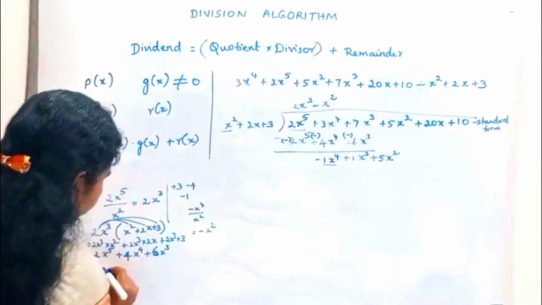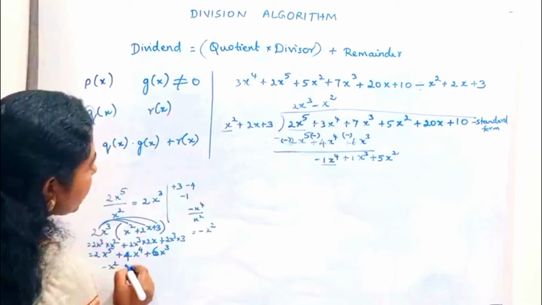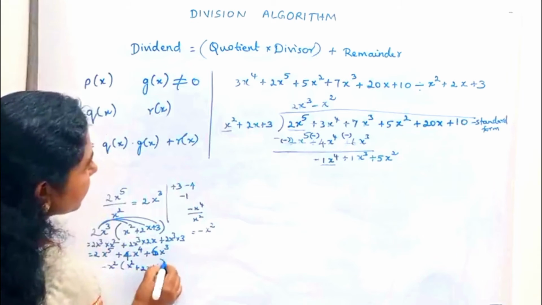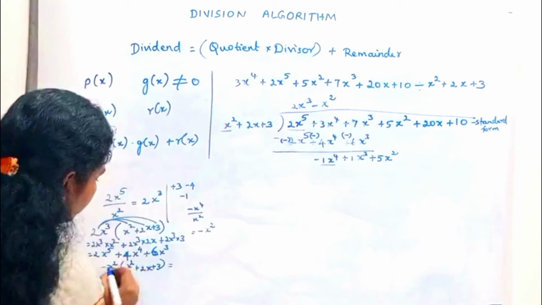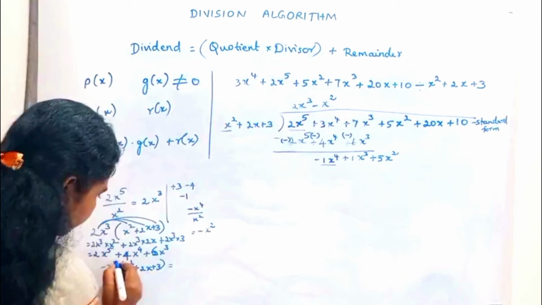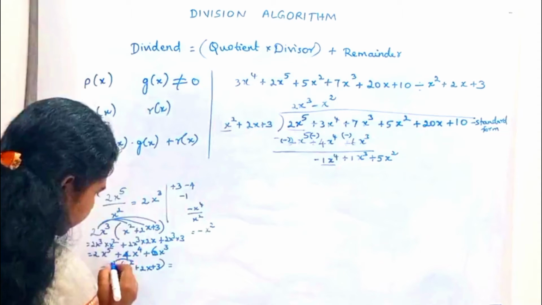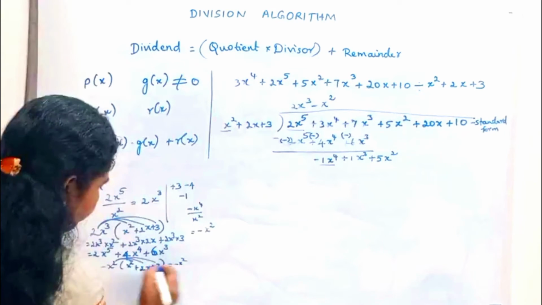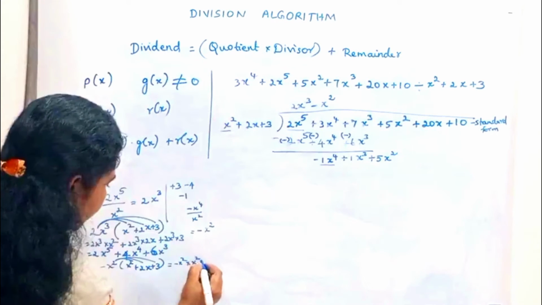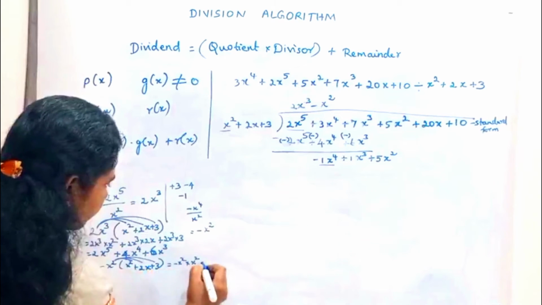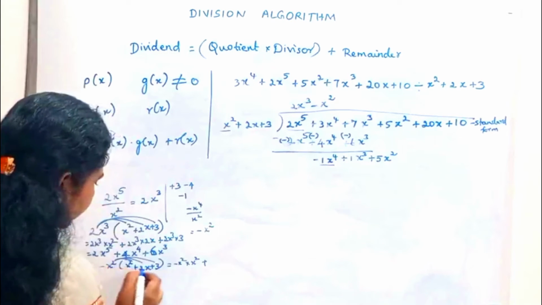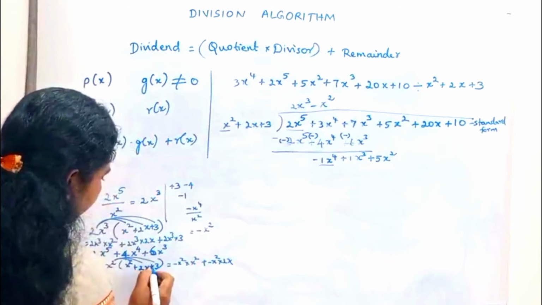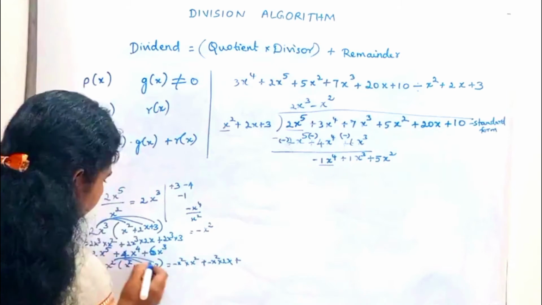So now the next step is minus x square into x square plus 2x plus 3. We have to multiply this term with each and every term inside. So it becomes minus x square into x square, and the next plus minus x square into 2x, then plus minus x square into 3.